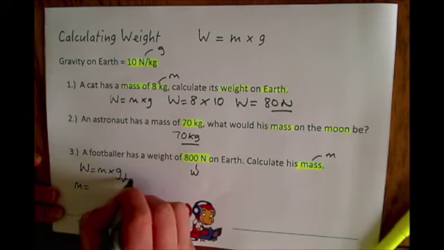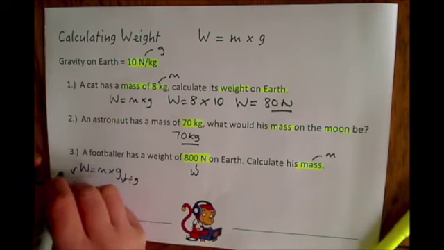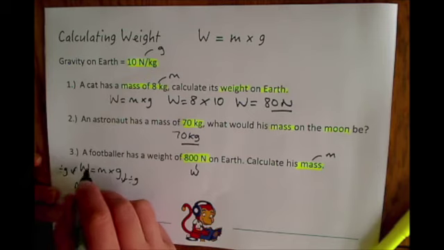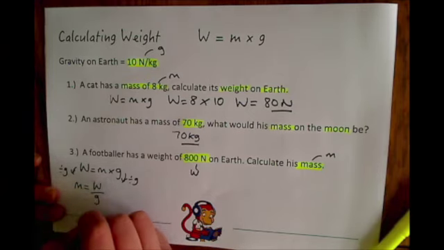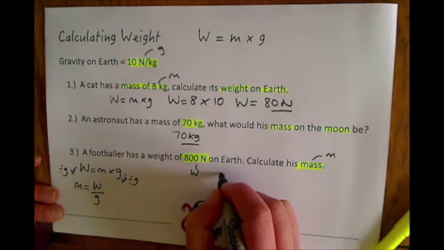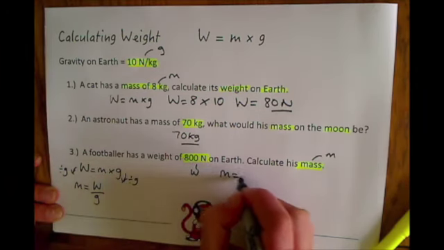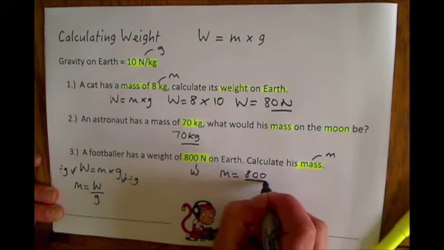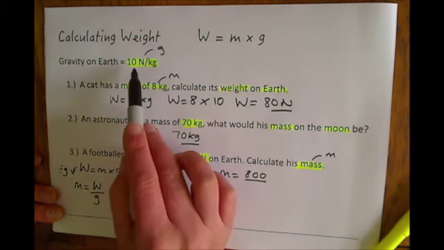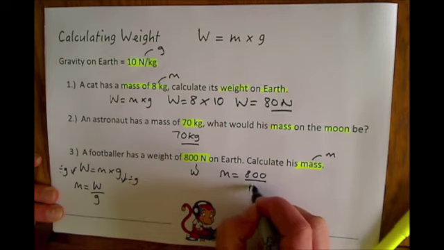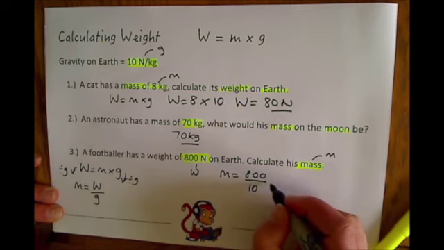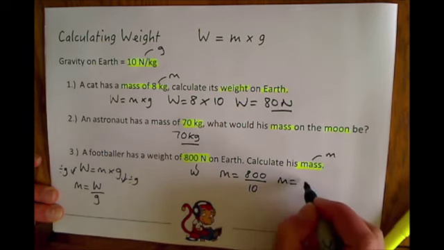So if you divide both sides by g, we have m equals W divided by g, which, if we put the numbers in, gives m equals 800 divided by gravitational field strength, which again is 10 for Earth. So we get a mass of 80 kilograms for the footballer.